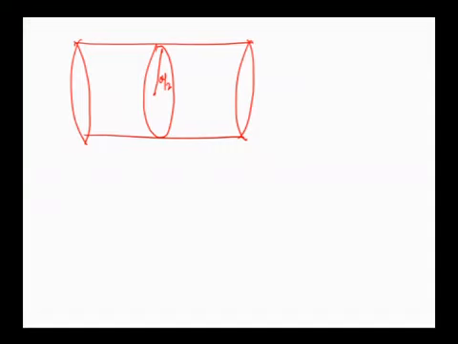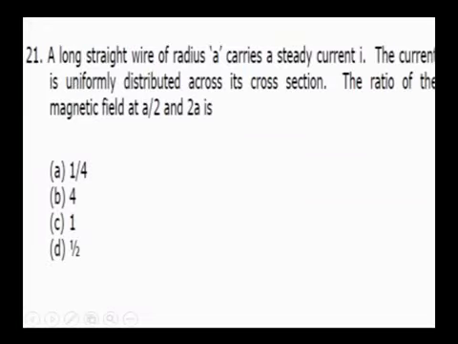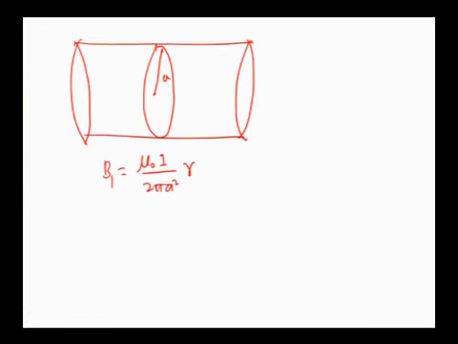Okay. So we know the expression of magnetic field produced by this current carrying conductor according to Ampere's Circuital Law. I can write that as B1 equals mu naught I dot by 2 pi A square into R, where R is radius of the Amperian loop. Okay. R is radius of the Amperian loop. Radius of this wire is given as A, and radius of Amperian loop is taken as A by 2. Okay. So radius of Amperian loop is A by 2 means we are finding magnetic field at this point.